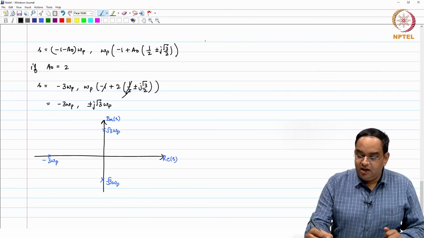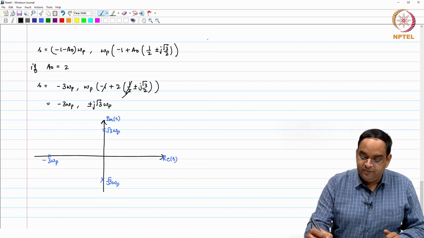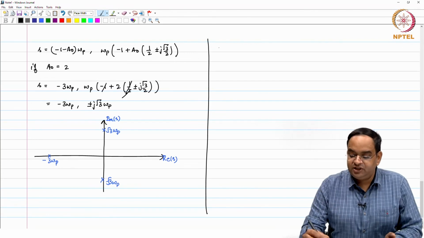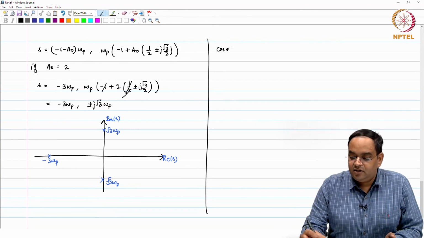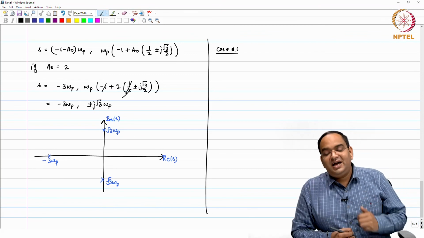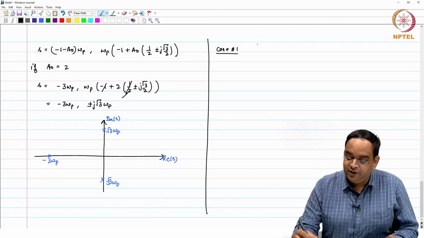If you have closed loop poles along the j omega axis, then you will have sustained oscillations. Okay. Now, if I take this particular closed loop system and I disturb the system and just observe in the transient domain.